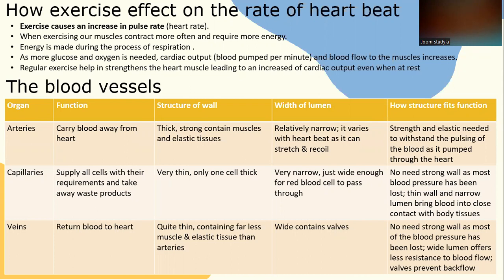So as more glucose and oxygen are needed, cardiac output, the blood pumped per minute, and the blood flow to the muscles increase. By doing regular exercise, it helps strengthen the heart muscles, leading to an increase in cardiac output even when we are at rest.